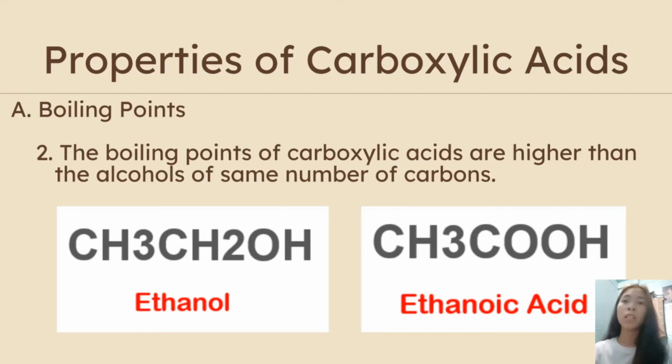Because as we can see here, the ethanoic acid has 2 oxygens, and we know that every oxygen contains 8 electrons, while the hydrogen here in ethanol contains only 2 electrons. So therefore, the ethanoic acid has a higher boiling point compared to the ethanol.